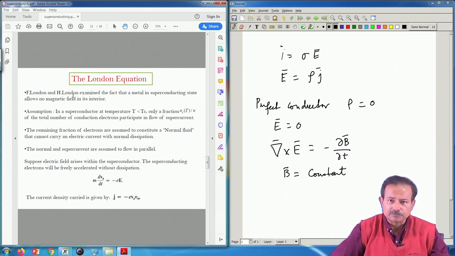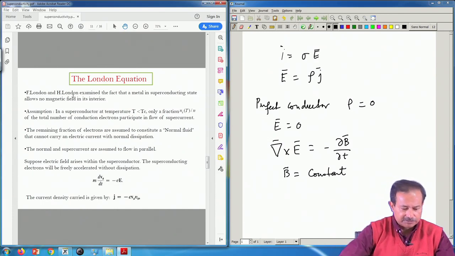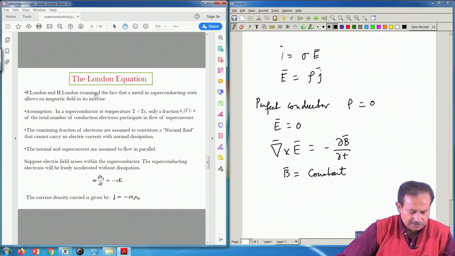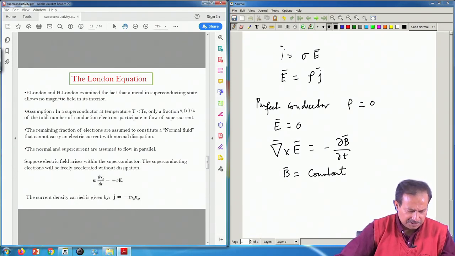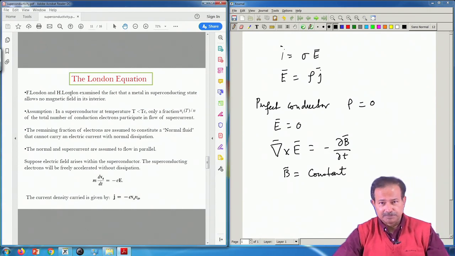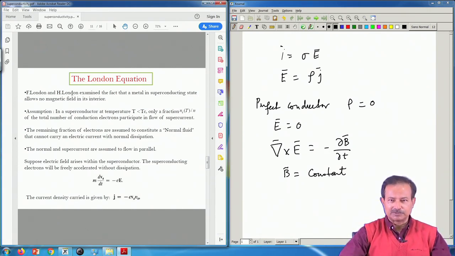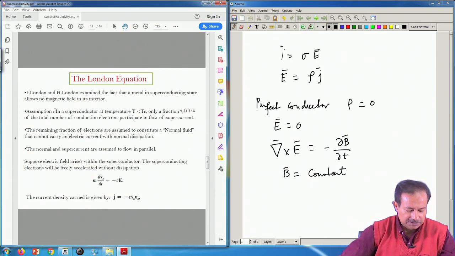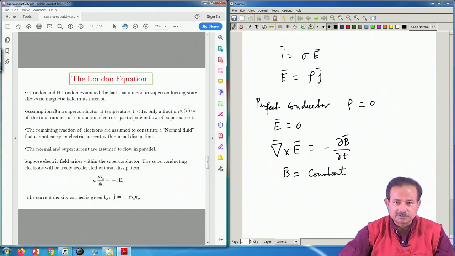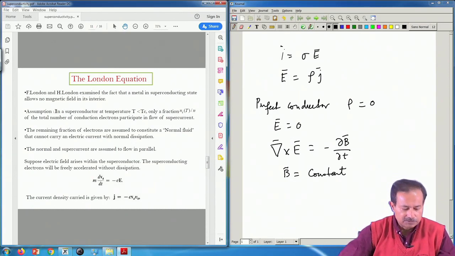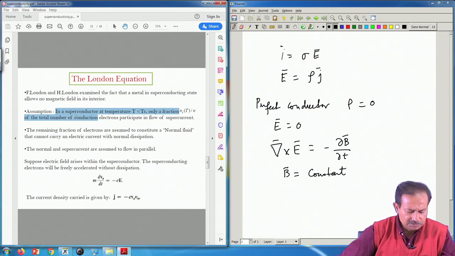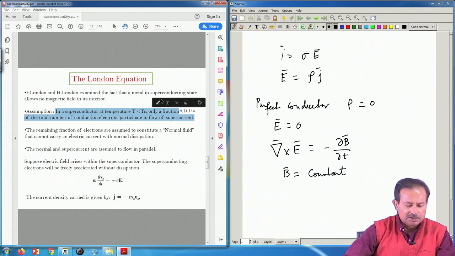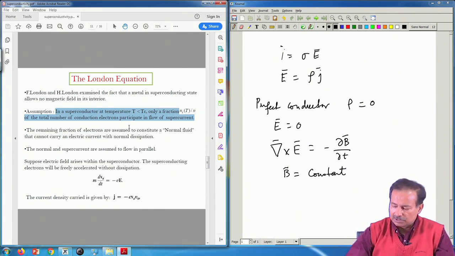Their motivation was of course to explain the Meissner effect, and they knew that the perfect conductor is not what the story is. This is a very different beast, because a perfect conductor does not expel magnetic field if you field cool. So, their assumption was that only a fraction of the total number of conduction electrons become superconducting.